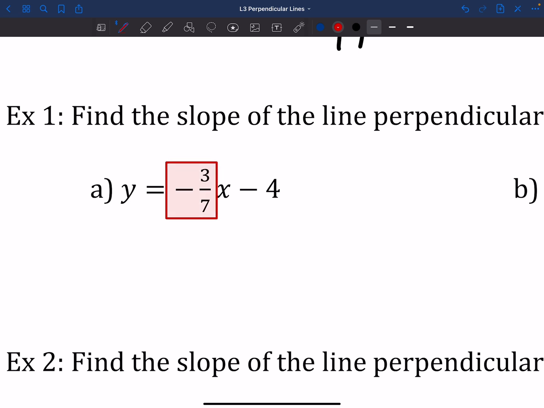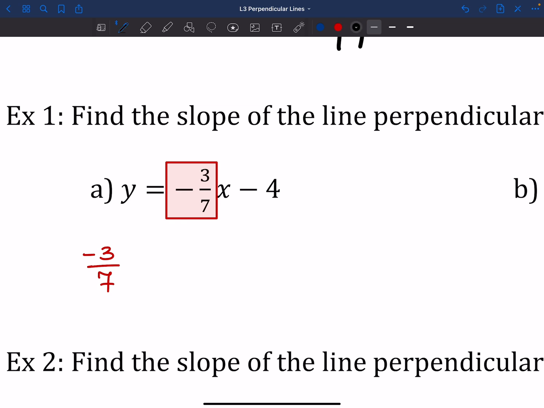But we want to be perpendicular, so that means we are going to need to find the opposite reciprocal of that slope. We've got -3 divided by 7. All we're going to do is flip it. That's what it means to take the reciprocal: we're flipping the fraction head over heels. And then we are going to slap a negative on it, make it its opposite.